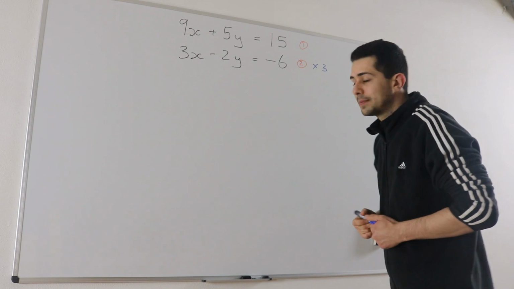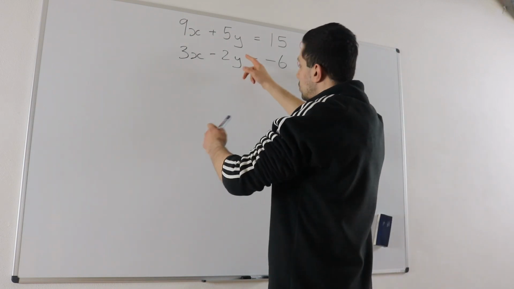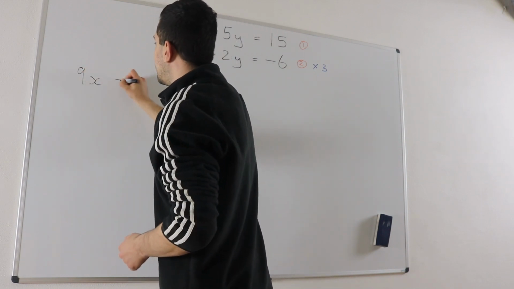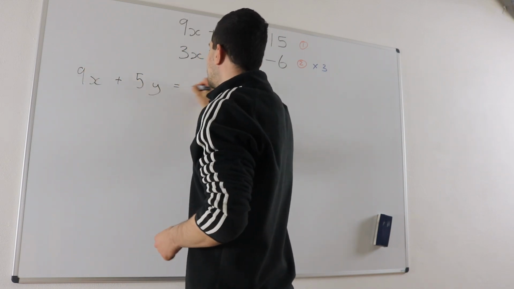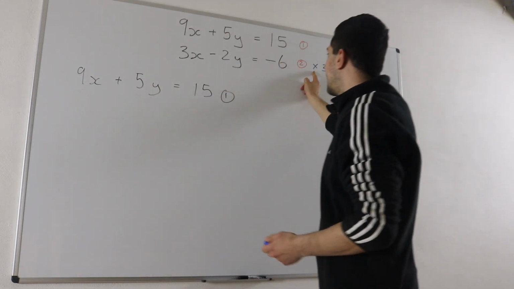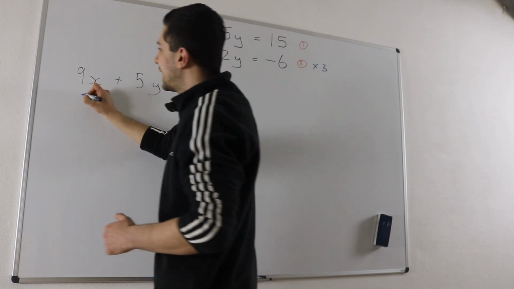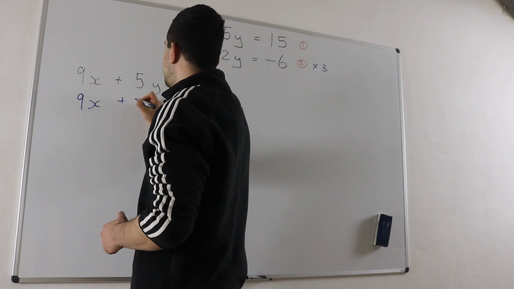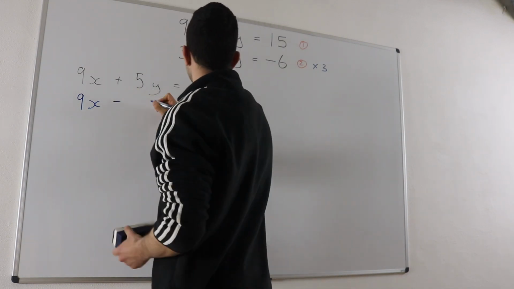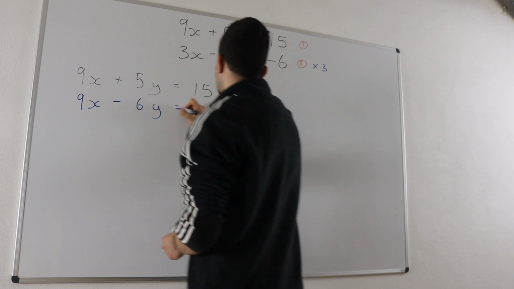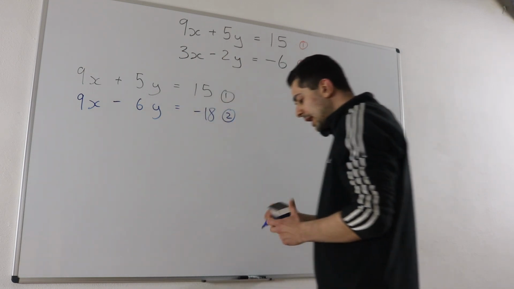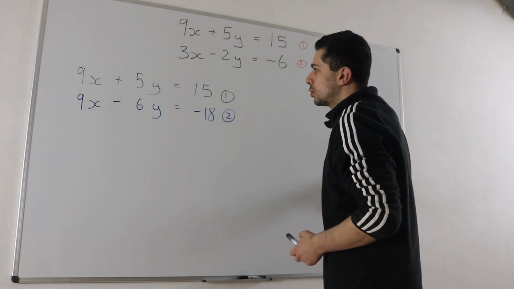So let's get started. I'm going to write down this equation as it is: 9x plus 5y equals 15. The second one, I'm going to multiply it by 3. So I'm going to get 9x minus 6y equals minus 18. And that is the modified equation 2.